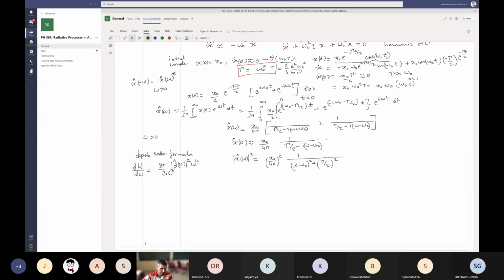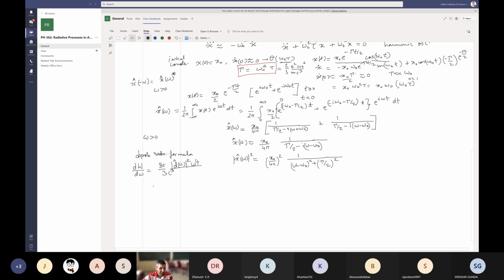So if you recall, when we were doing the dipole formula, we actually looked at how the power is distributed in frequency, and this is what we got. So what is d hat? d hat is nothing but e times x hat, because if you have a single charge, you multiply the charge of the electron times the displacement, that's what you get.